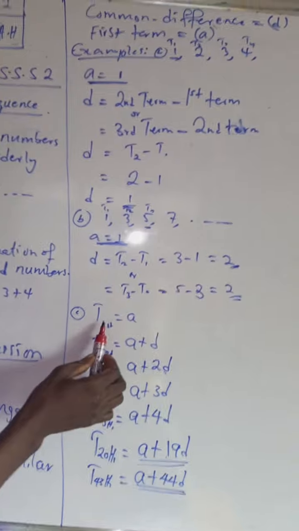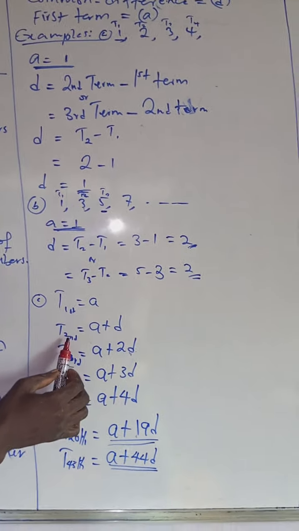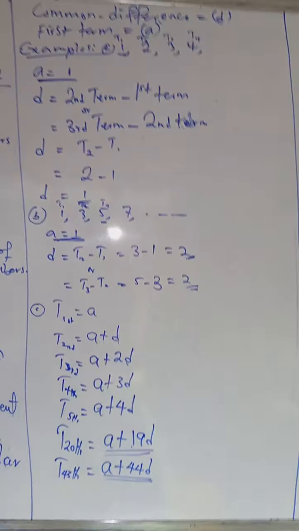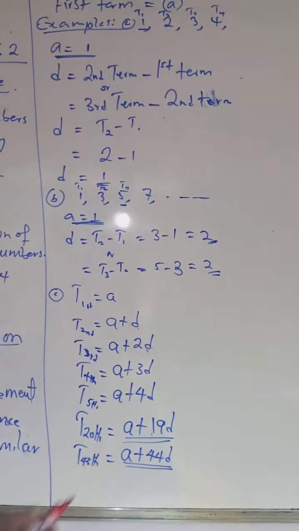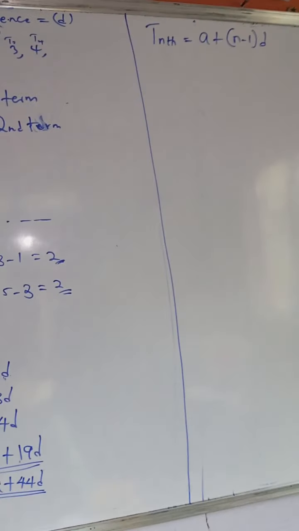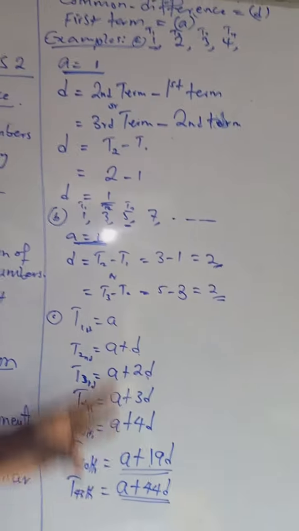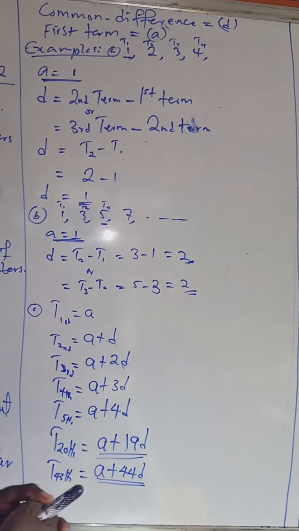So 2 minus 1 is 1d, 3 minus 1 is 2d. If you know this one and the shortcut, it helps in objectives and quizzes. So good.